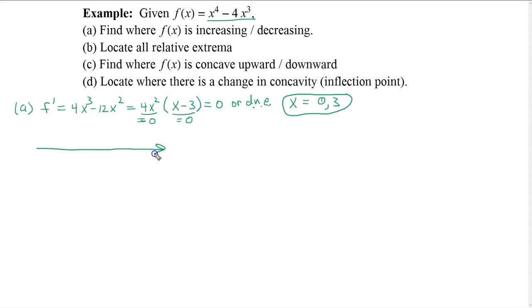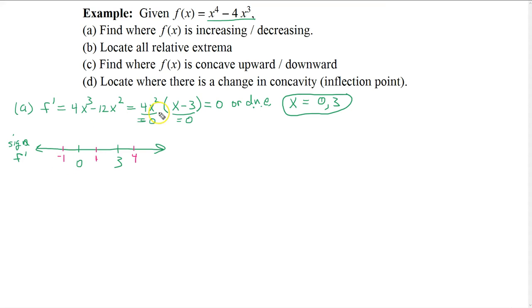So here's our number line. So this will be the sign of f prime that we're looking at. And we want to mark off 0 and 3, and pick some test values like -1, 1, and 4. And we'll put these numbers into the derivative and see if we get back positive or negative.